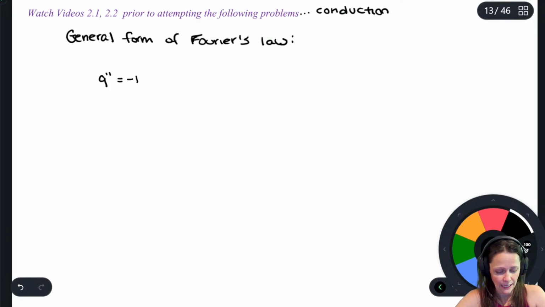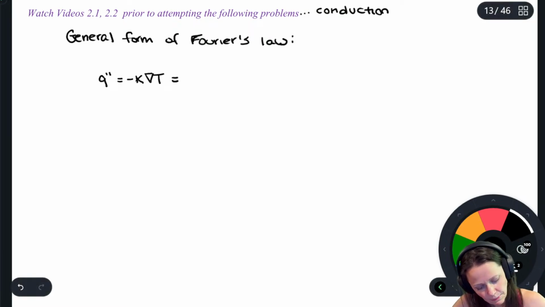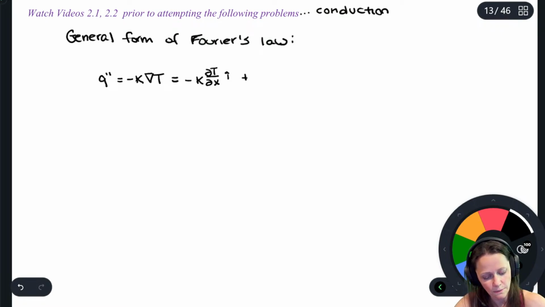So I have negative K, and then you've got your little upside down triangle here indicating that you need to take the partial derivative of that temperature with respect to X, Y, and Z. So this is going to be negative K dT dx, little unit vector here, plus negative K dT dy, little unit vector there. You see where we're going.